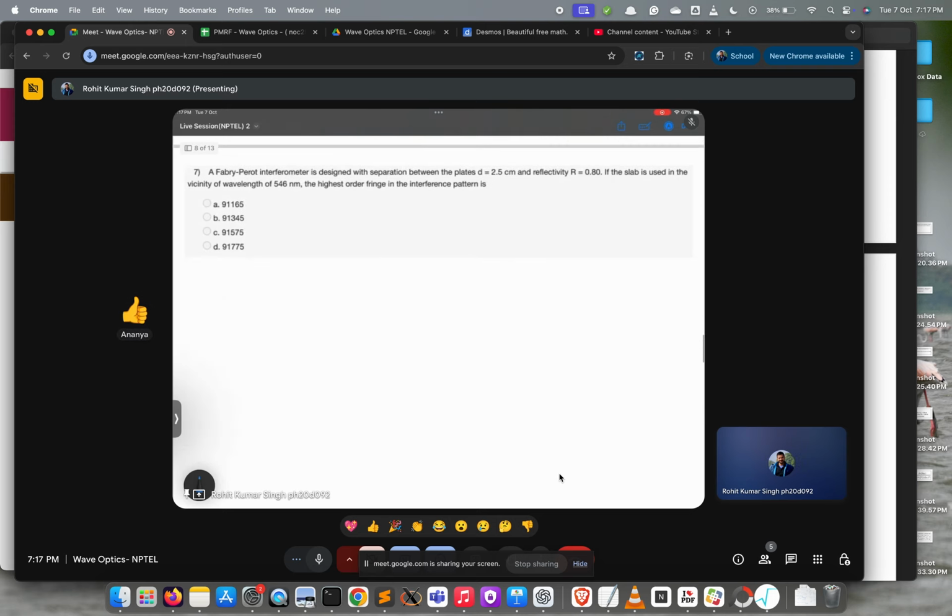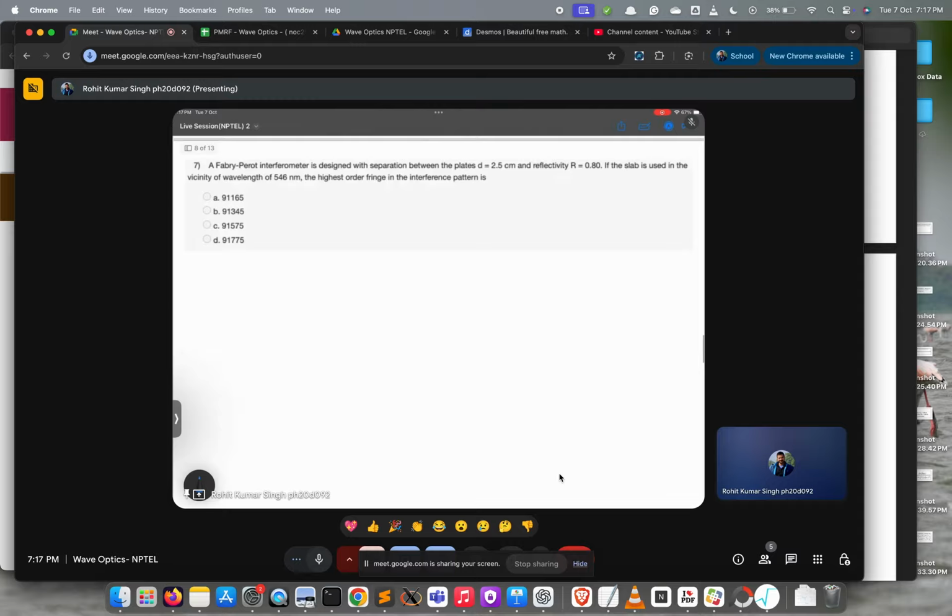Then next one. A Fabry-Perot interferometer is designed with separation between the plates. So here h is given 2.5 centimeter. Reflectivity is given 0.8, again the same reflectivity. So coefficient of finesse will be again 80, right?